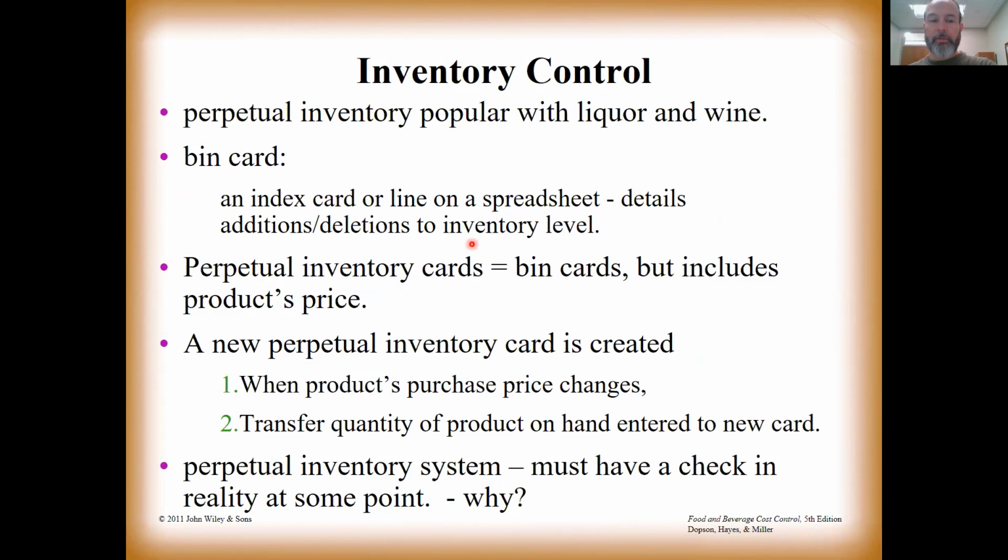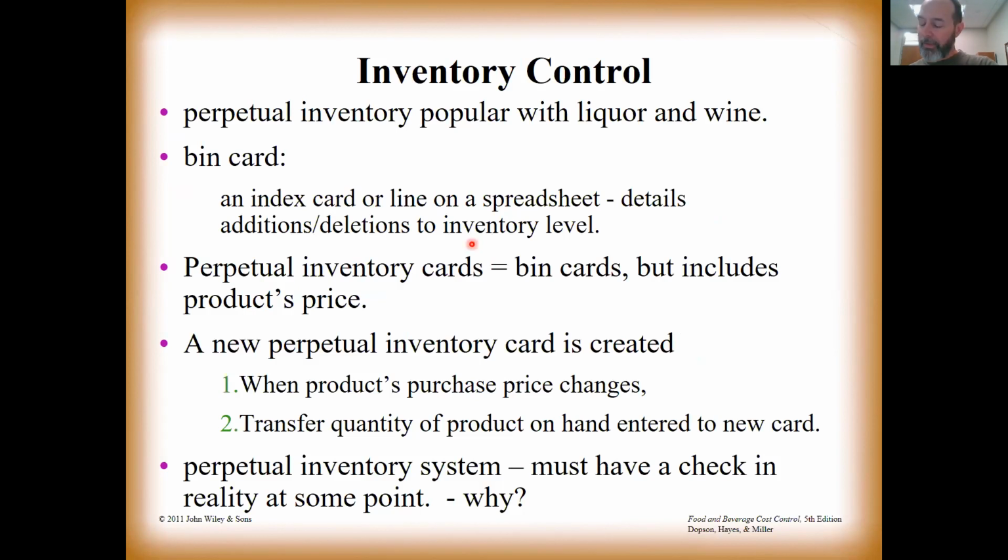So this is a kind of an old idea, but you may see it. The concept will translate into electronic spreadsheets. So the idea is a bin card. Originally, it was an index card. And essentially what it is the details of additions or deletions to the inventory level as you proceed through time. And you could easily do this on a spreadsheet.